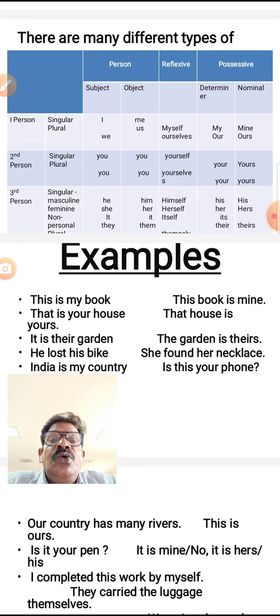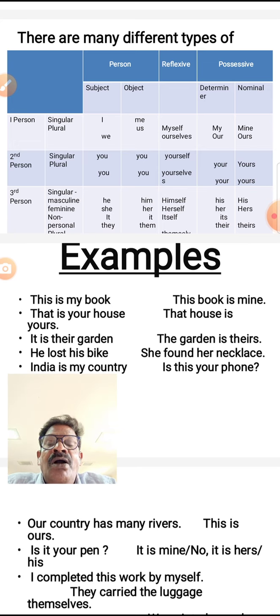Plural also, yours. Third person, if it is masculine gender, his. If it is feminine gender, hers. If it is non-personal or neutral, its. And plural, theirs. Okay.